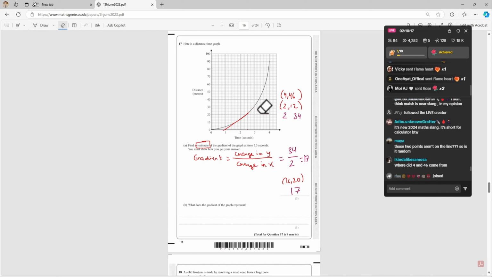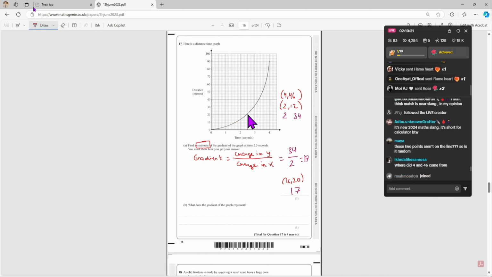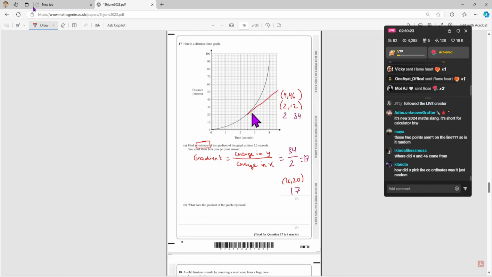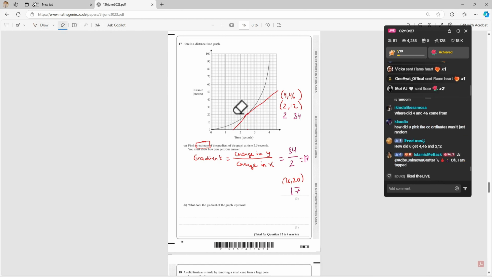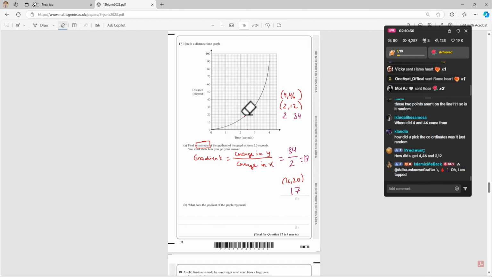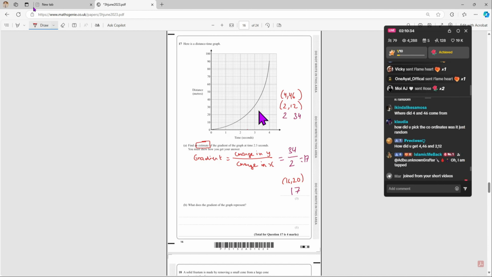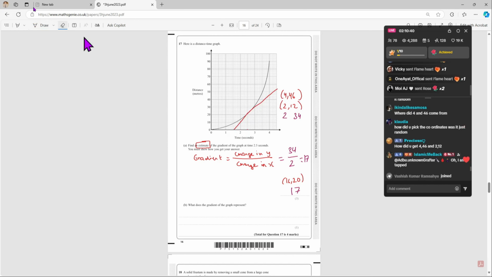My line was wonky, so I actually used the points that were accurate. So it depends on what you draw. If I draw it more straight, then I would actually get these points. But you guys get what I mean, right?